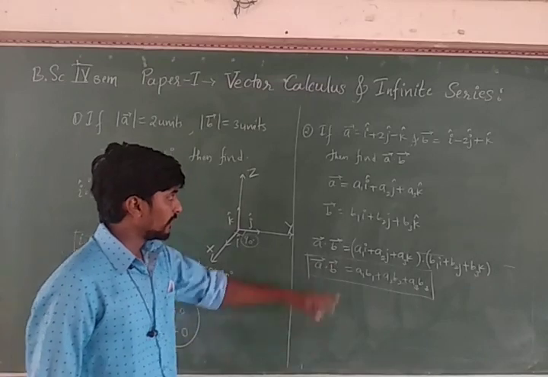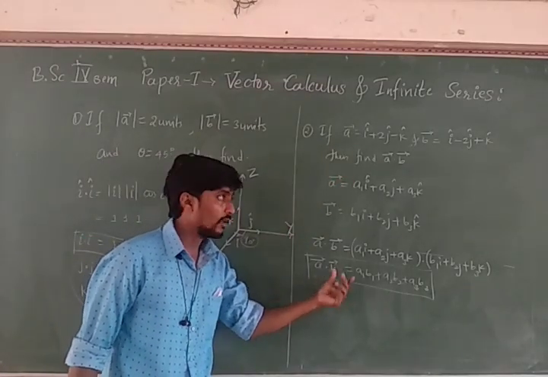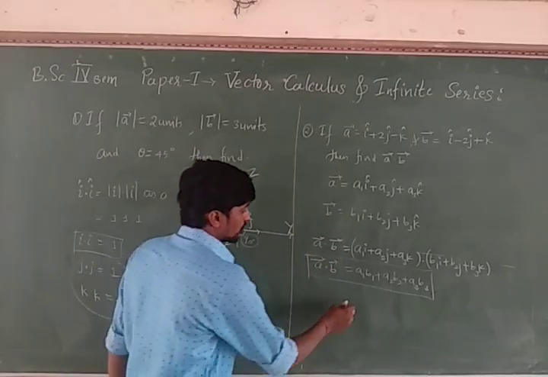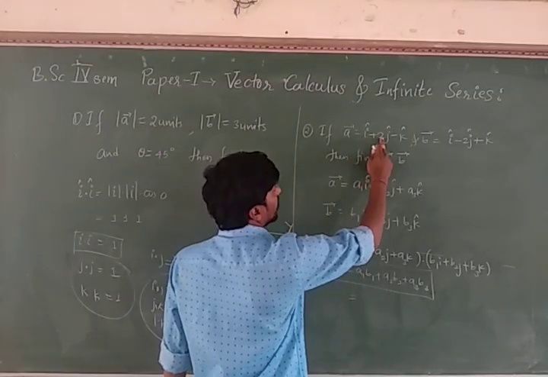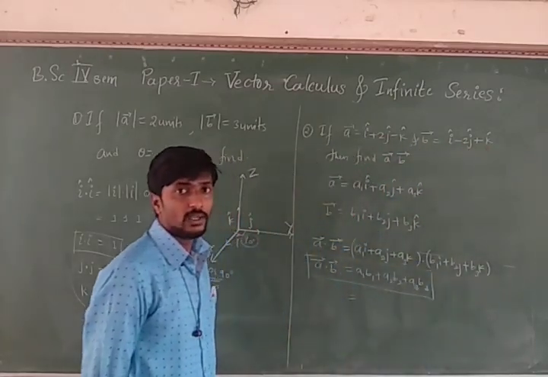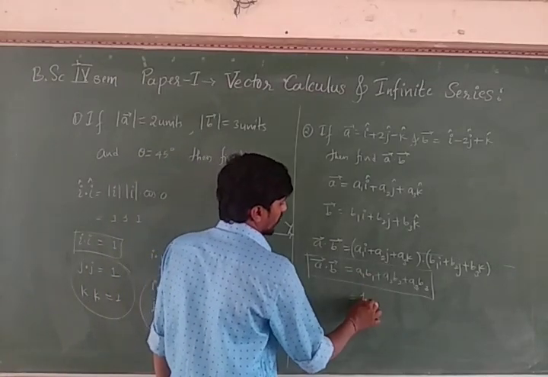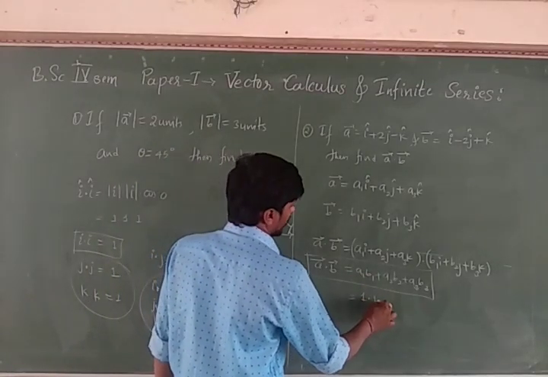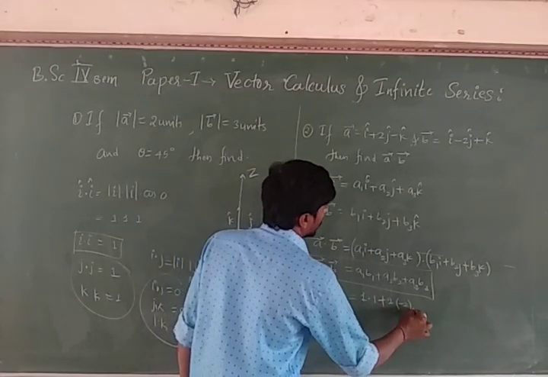Okay. So while the example is given in this format, you have to use the formula to solve such cases. So now look at here. We have a1, a2, a3, b1, b2, b3 values. So a1 is 1, so 1 into b1, which is also 1, plus a2 is 2, b2 is minus 2.